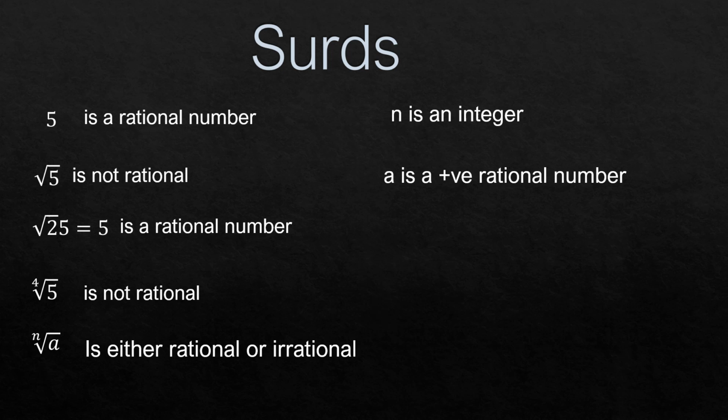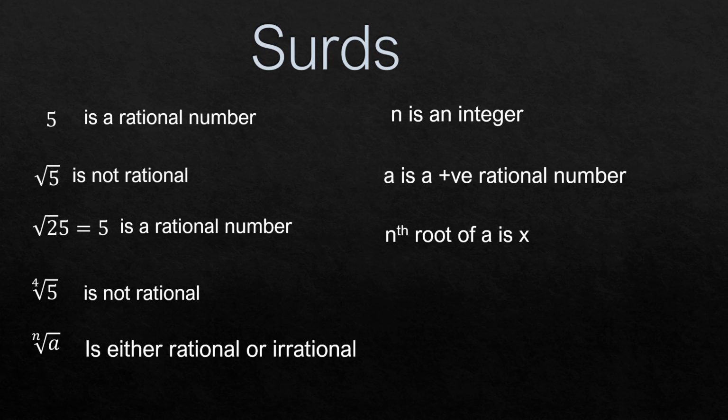But a is a positive rational number. Rational numbers can be negative, but here the number whose root we are going to take is a positive rational number, and the nth root of that particular rational number, suppose we name it x. This is for the purpose of understanding what we are trying to explore here.